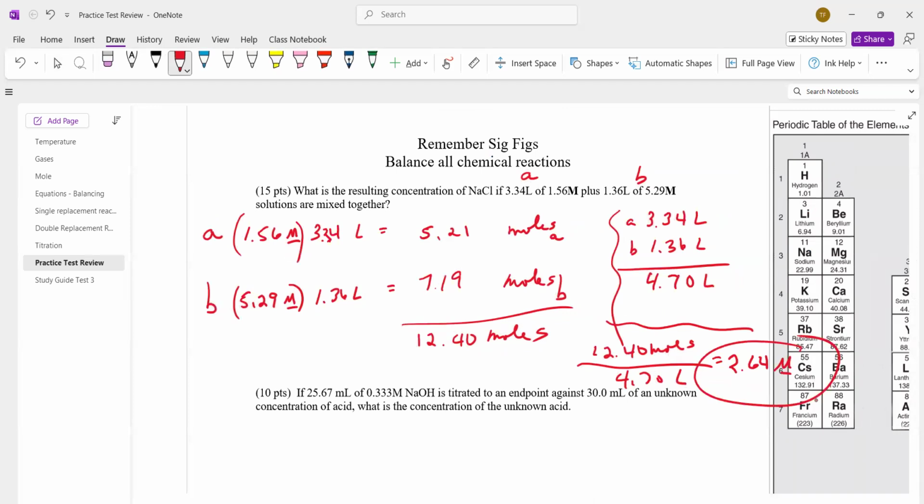So our new concentration is 2.64 moles per liter. Okay, but just keep in mind the focus of concentration, moles and liters. Moles and volume in liters.